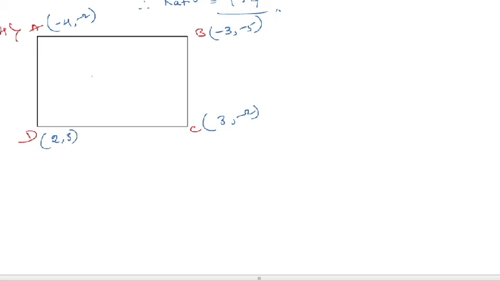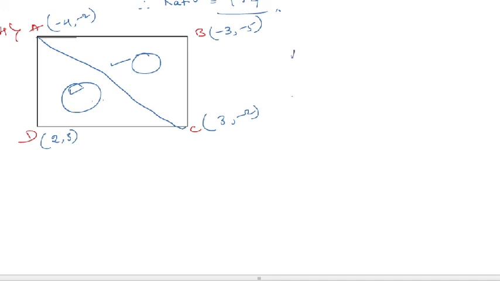How to find the area of the quadrilateral here? Here 4 vertices are given. So we can divide the quadrilateral into 2 triangles here. Join AC. You will get these 2 triangles. First find the area of this one, then find the area of this one, then add.